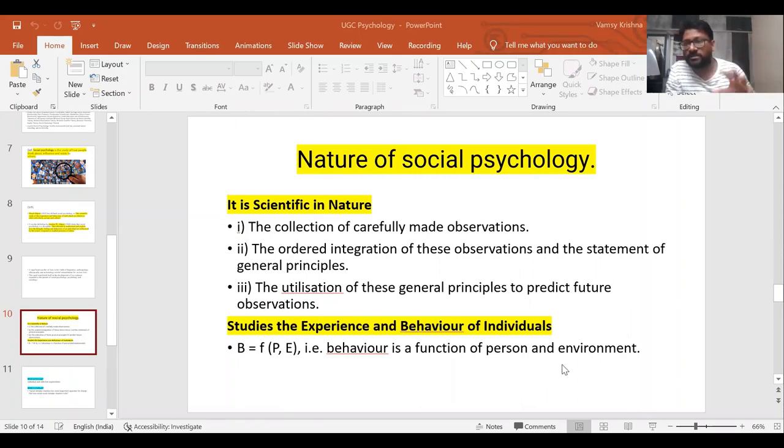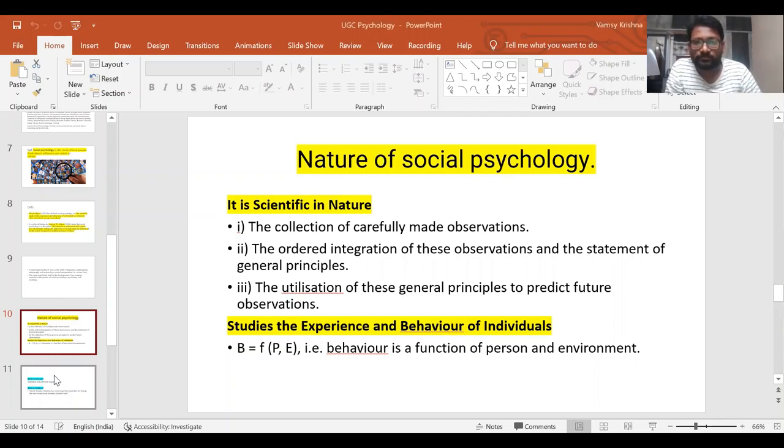Just before, we saw that social psychology deals with man and his interacting environment. The same way here, Kurt Lewin gave in 1951 the famous formula, which says that behavior is a function of person and environment.